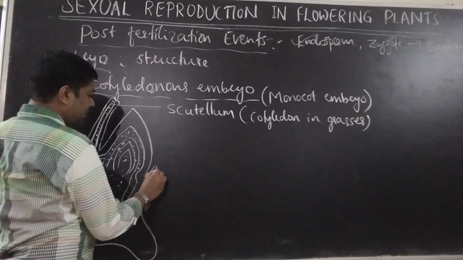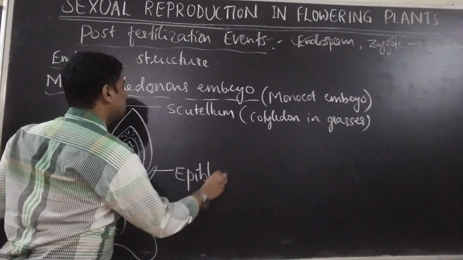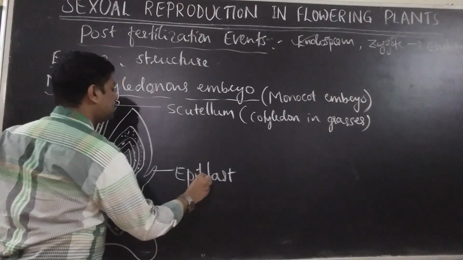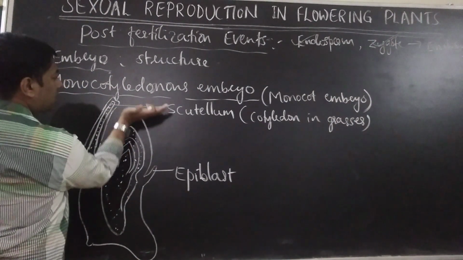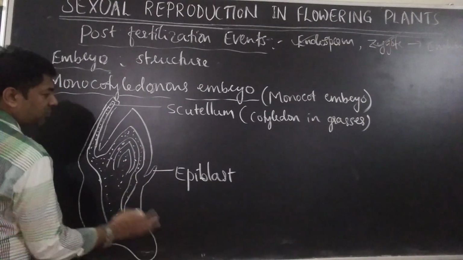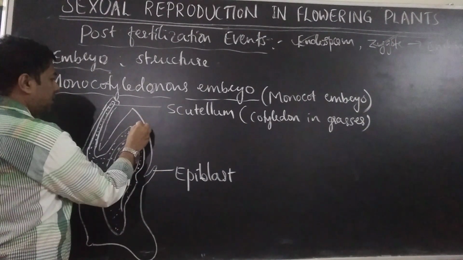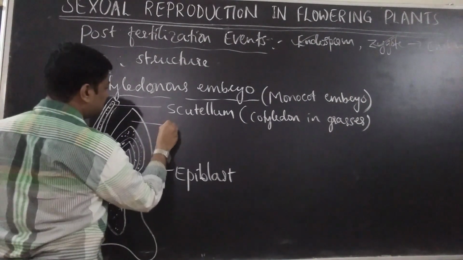Then this part is called epiblast. Then same as before, epicotyl and hypocotyl, what you have seen. The upper part is called epicotyl and the lower part is called hypocotyl. The upper part on the top is called shoot apex.